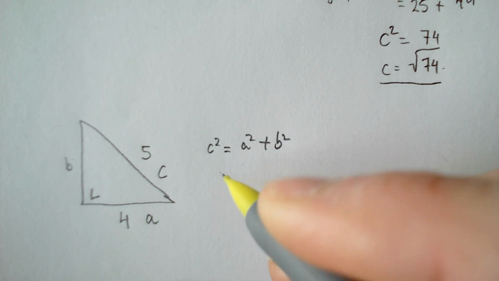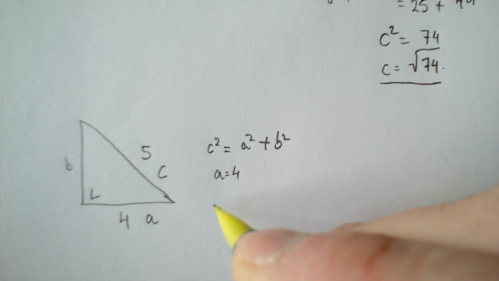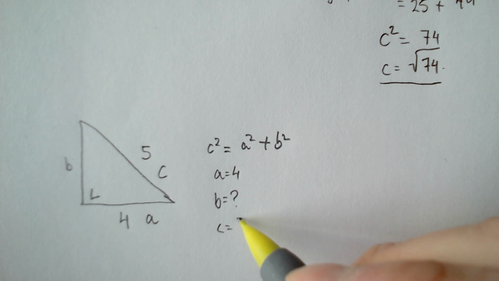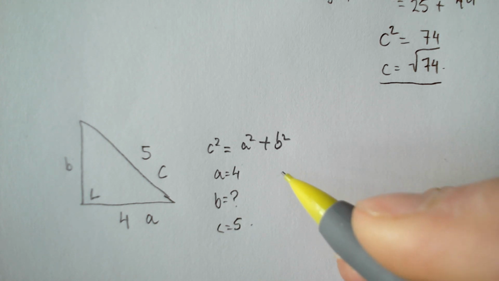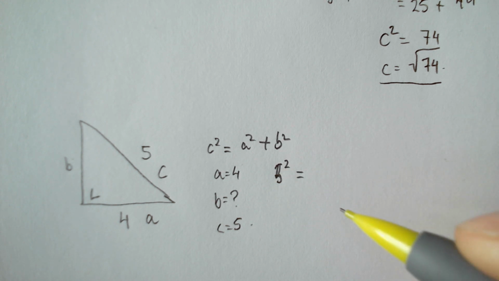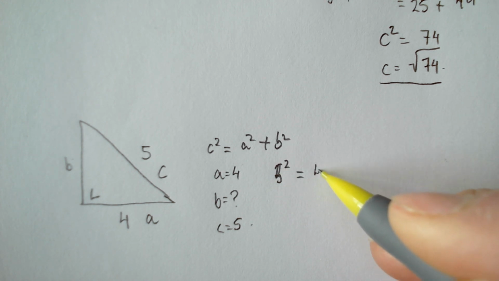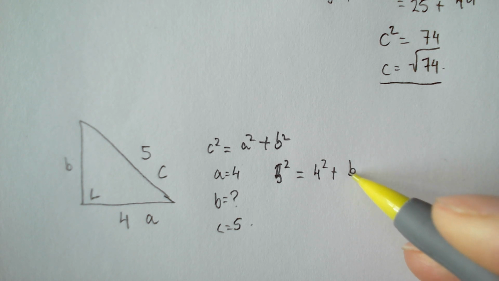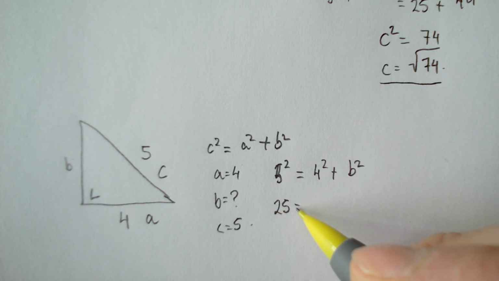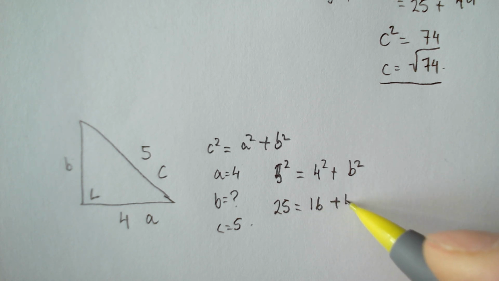So in this case, A is equal to 4, B is equal to, well, we're not sure, and C is equal to 5. So now we can say that 5 squared is equal to 4 squared plus, we'll just call it B squared for the time being. So now we have 25 is equal to 16 plus B squared.